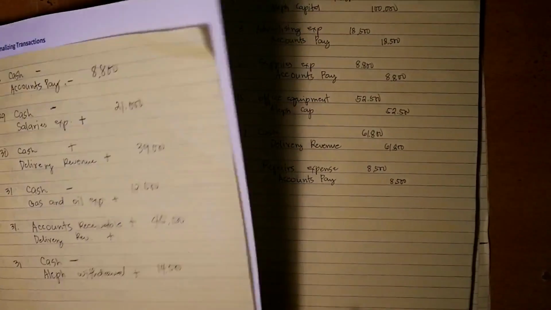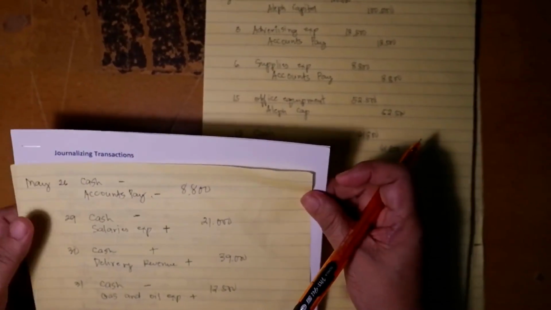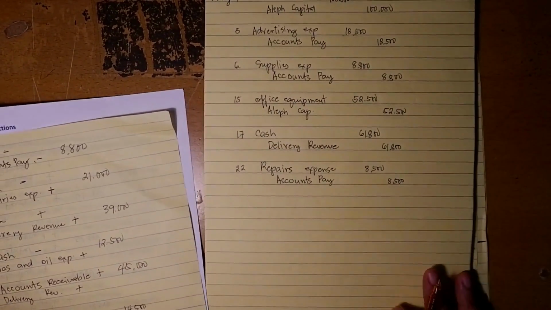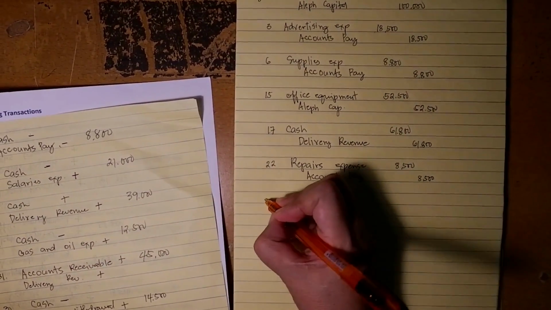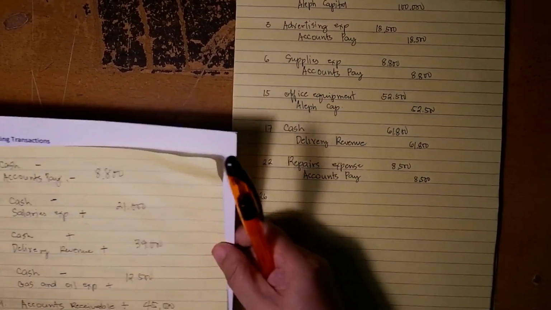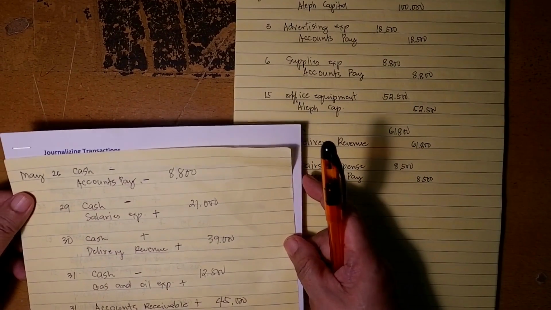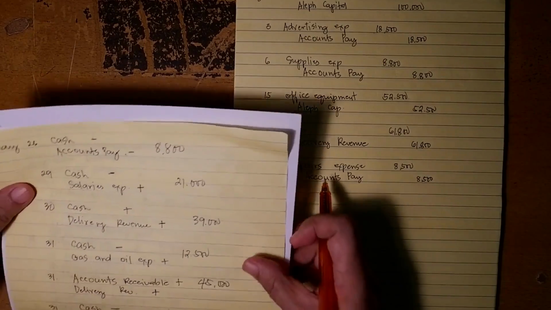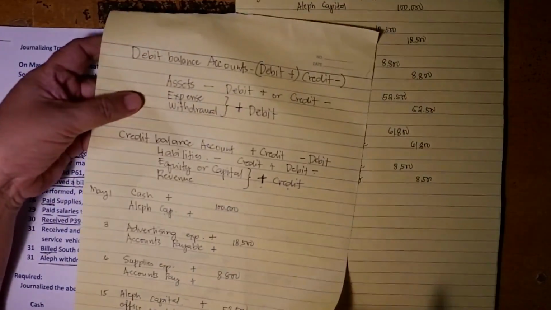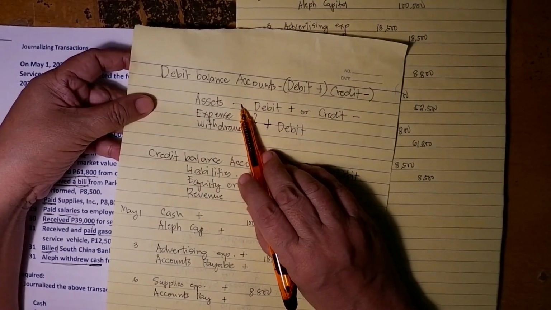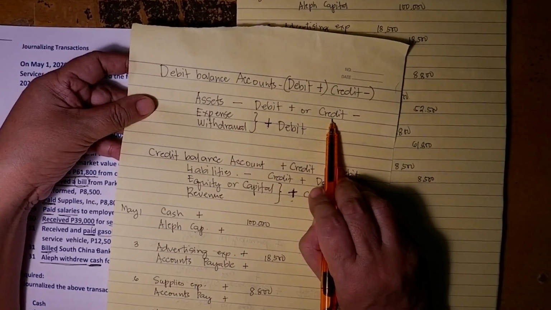Then we have May 26. For May 26, it is cash minus and accounts payable minus. So cash minus, okay, our guide, cash is an asset, cash minus is credit.